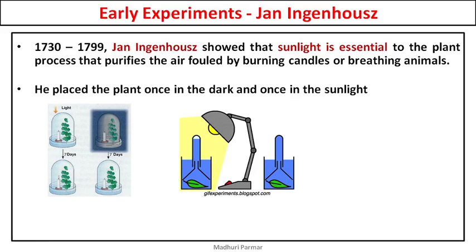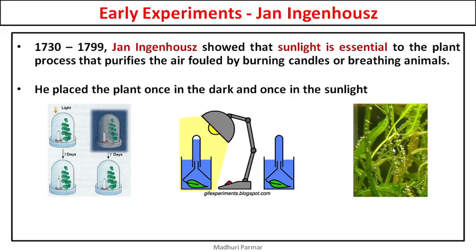If you have mint or pudina or any such plant growing in your home, or if your mother has brought some bhaji, then just take one whole stem and put it in a glass bottle or a plastic bottle and fill it with water and look at it. Keep it in sunlight. Okay, you will see small bubbles forming on the green parts of the plants. So these bubbles are nothing but oxygen.